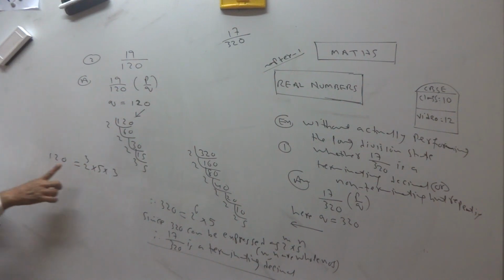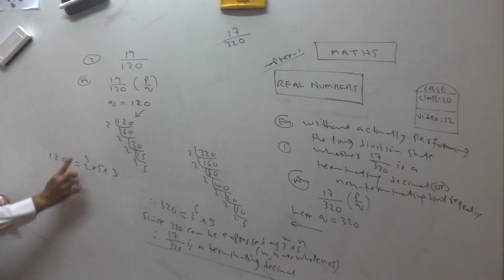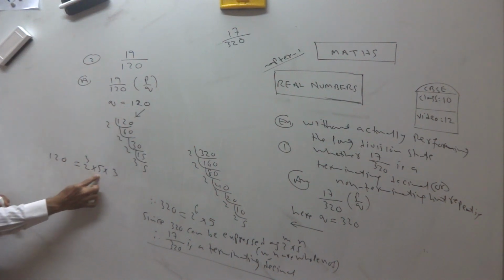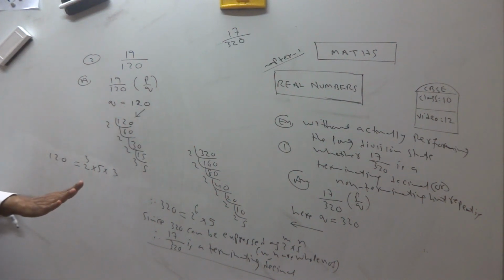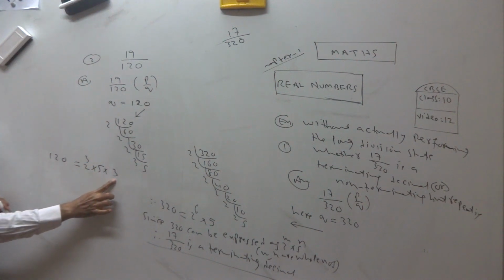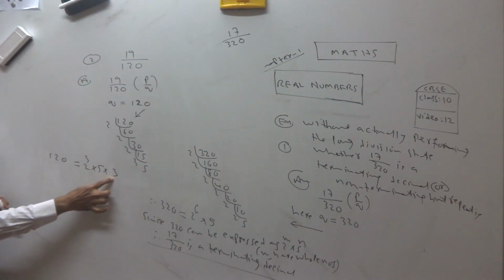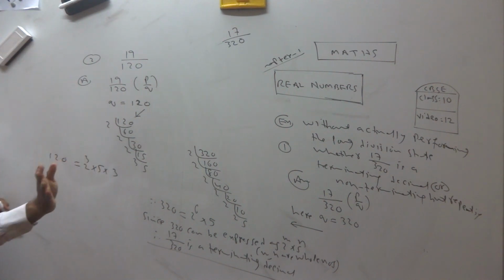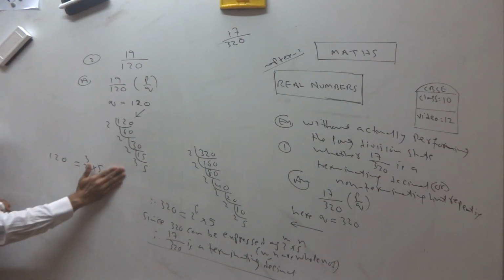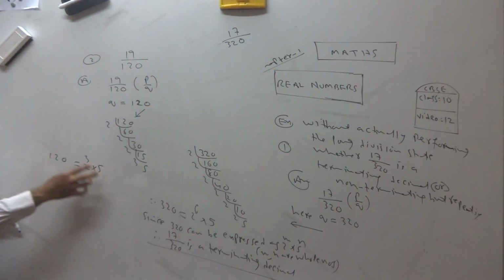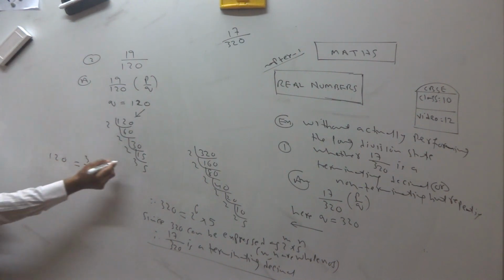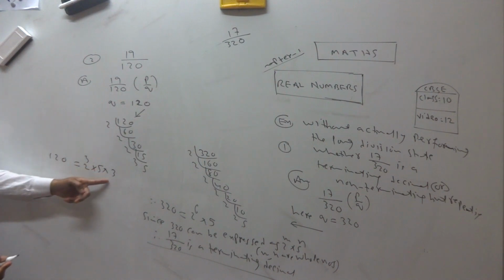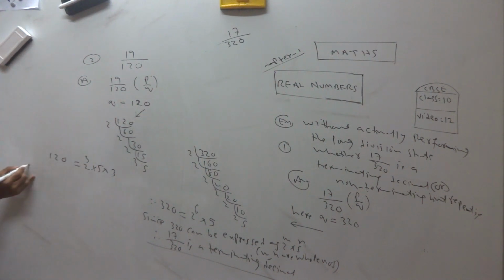See, if 120 is expressed only in 2 and 5, it is terminating. So some other number is coming here, 3 is coming here. If any other number comes, non-terminating. If it is only 2 and 5, it is a terminating decimal. Because here 3 is coming, right, in prime factors. So what we write?